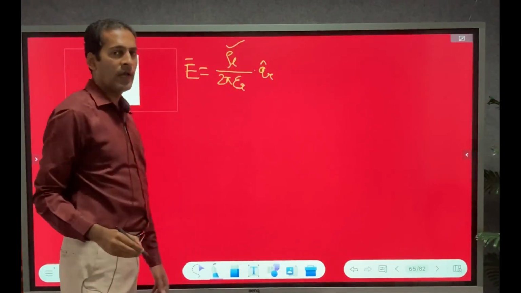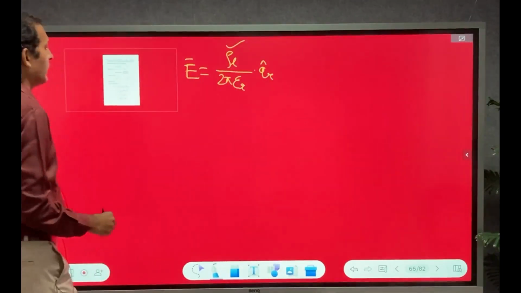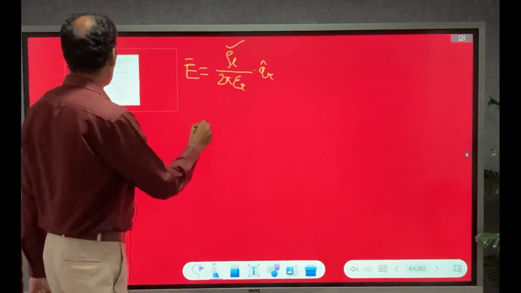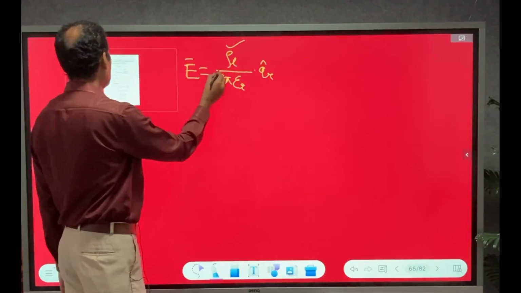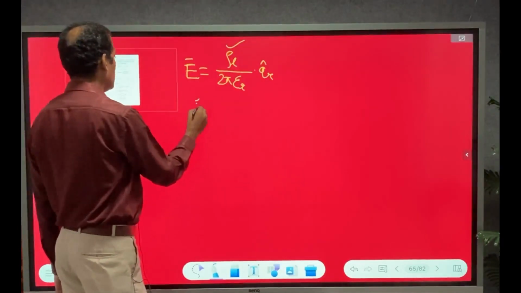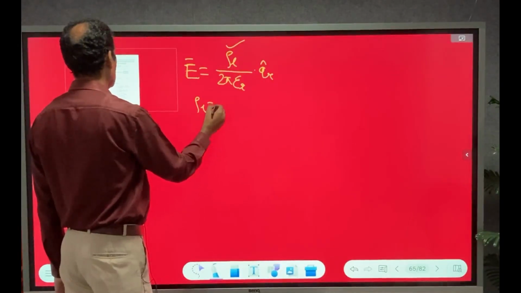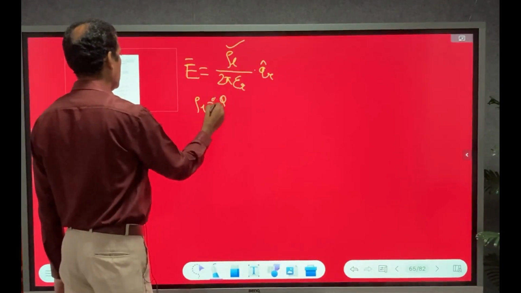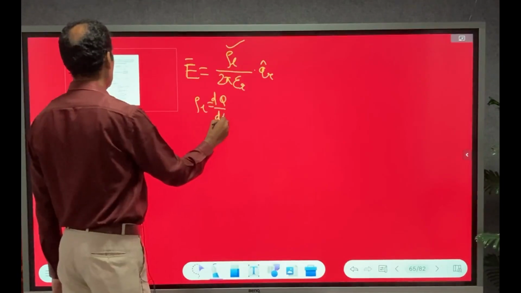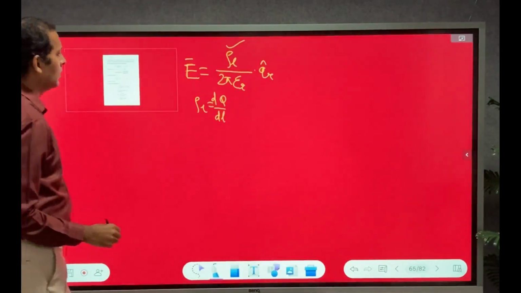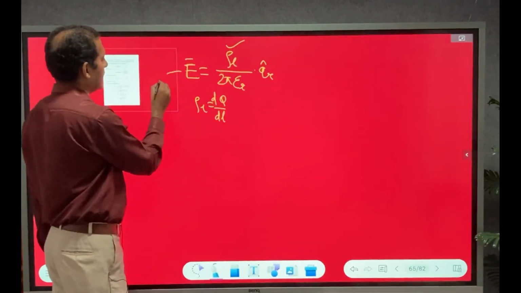This one we have already derived in chapter 1, where rho L is line charge density. So what is this rho L here? As we have discussed, this rho L is nothing but dq by dl, right? So this is the first thing we take.